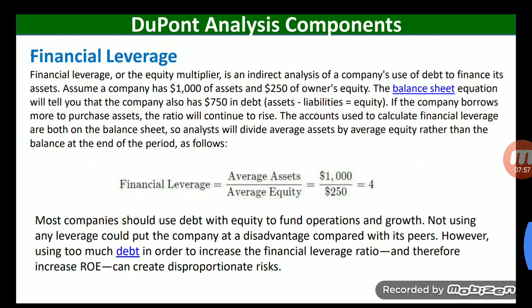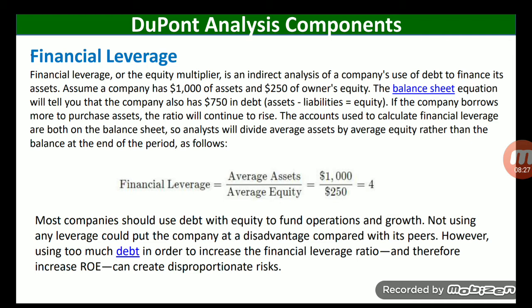The next component of DuPont analysis is financial leverage. Financial leverage, or the equity multiplier, is an indirect analysis of a company's use of debt to finance its assets. For example, assume a company has $1000 of assets and $250 of owner's equity.